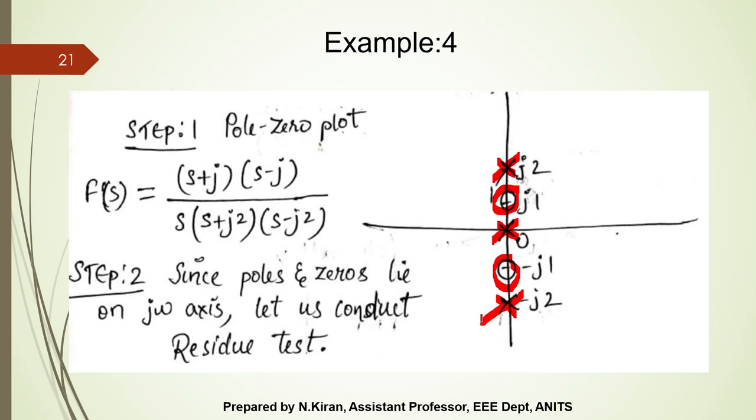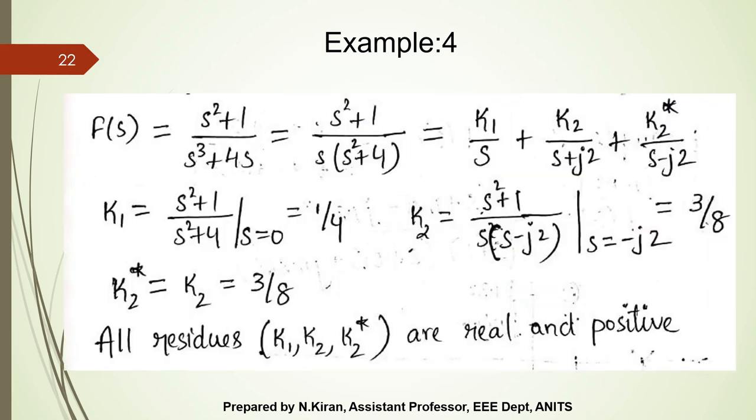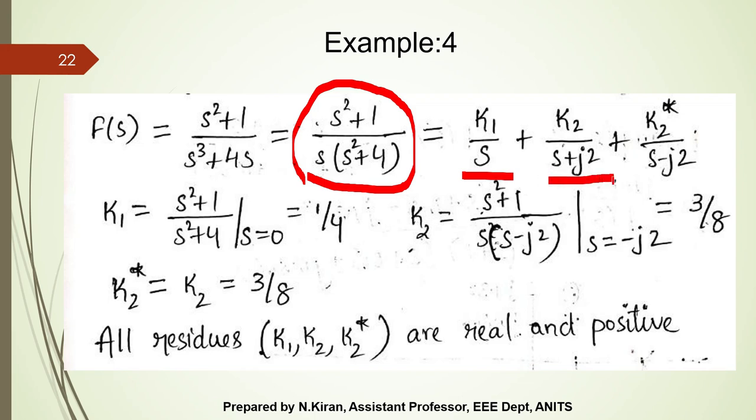Now since we have poles and zeros on the j omega axis, I have to conduct the residue test. So applying partial fractions, this is my expression, s square plus 1 divided by s into s square plus 4. Upon partial fractions, I can write k1 by s plus k2 by s plus j2 plus k2 conjugate by s minus j2.